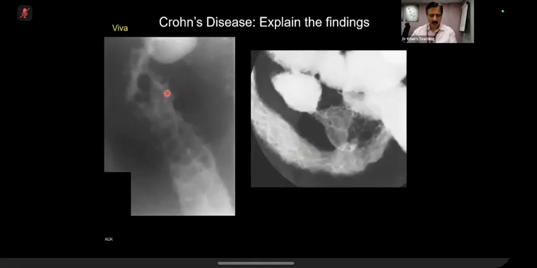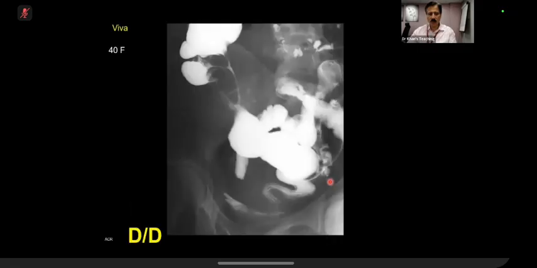If you see these in profile, look at this. This is that rose thorn type of an appearance. Look at all of these which are in the profile, which are projecting outside. What does it tell you? They are going into the wall. So this is intramural, and these are deep ulcers. So this is Crohn's disease. Okay, candidate 10, over to you. Classical exam film.